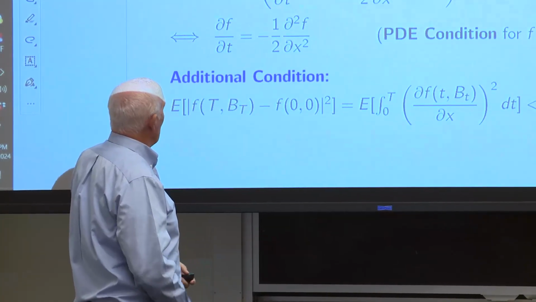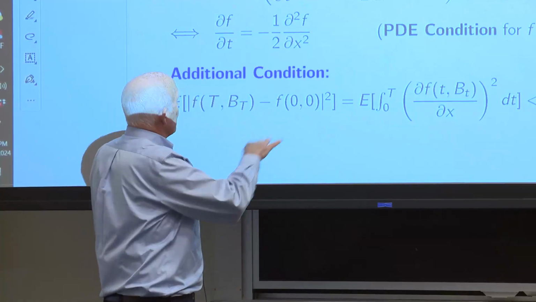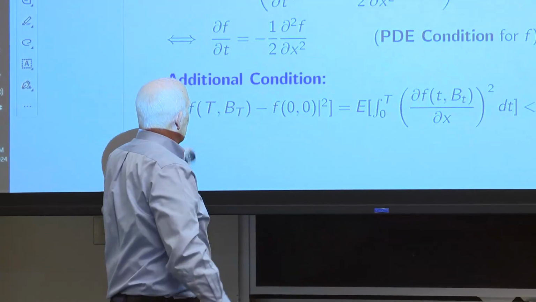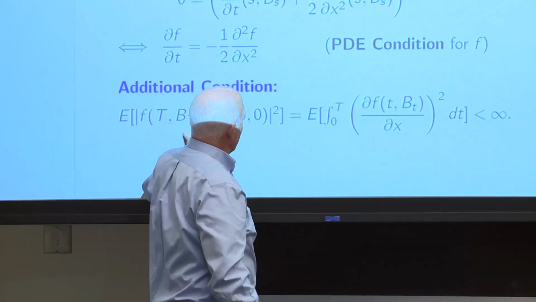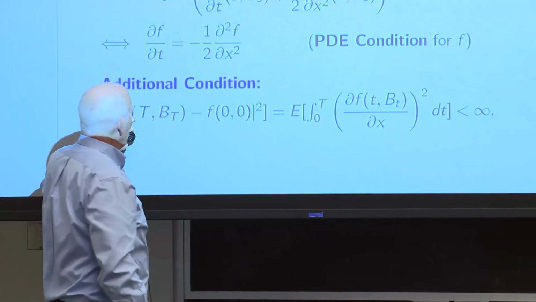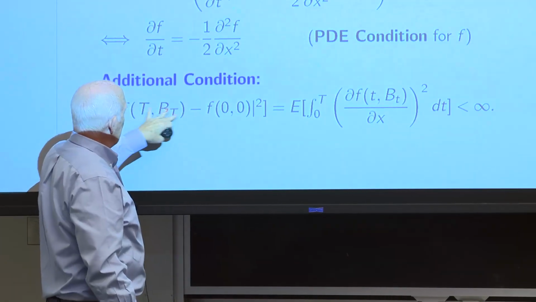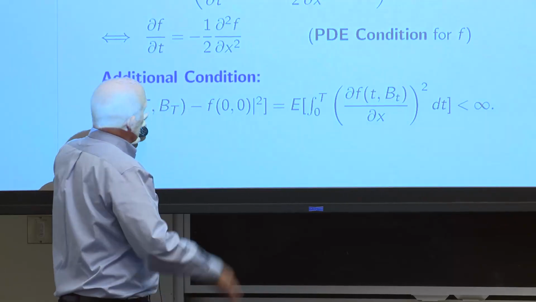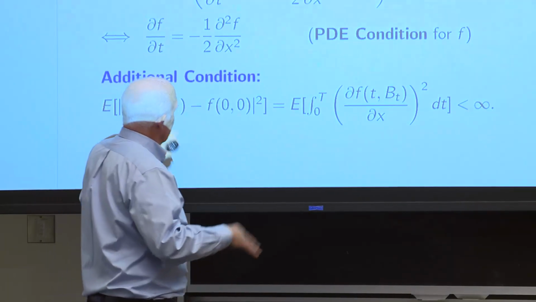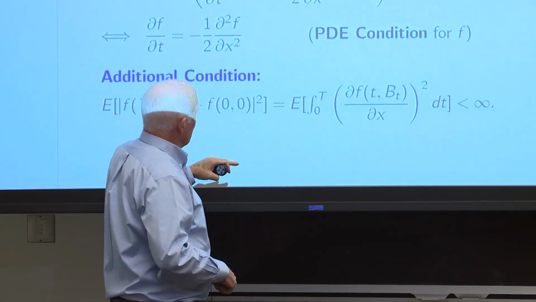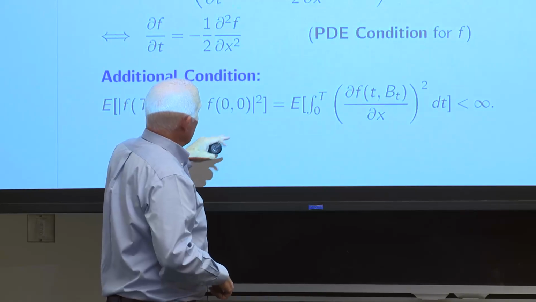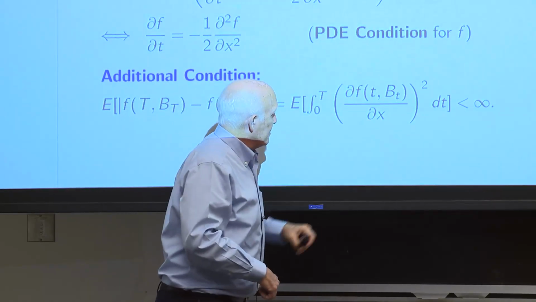Now, the other thing we want for this to exist is that the variance of the function f of t, bt, which is bounded by the squared expectation, is finite.